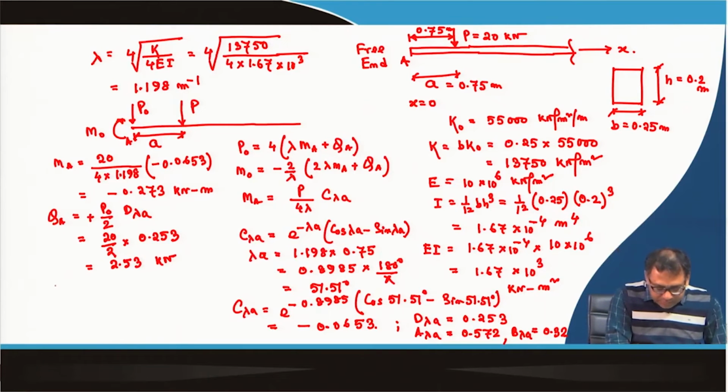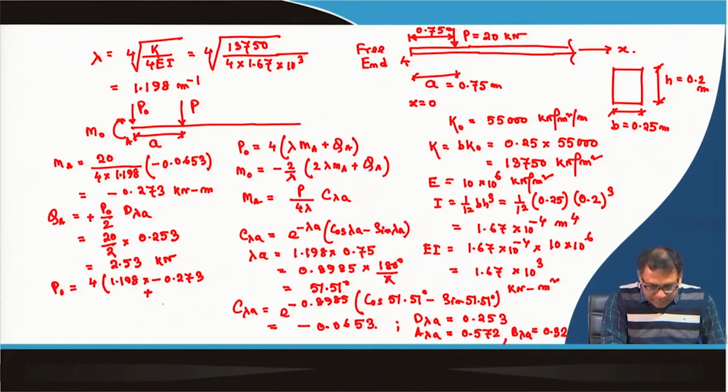So, now P 0 will be equal to the P 0 expression. If I put in these values, this will be 4 lambda, where lambda is 1.198, then M A is minus 0.273, then plus Q A, so Q A is 2.53. So, this value is 8.81 kilonewton.